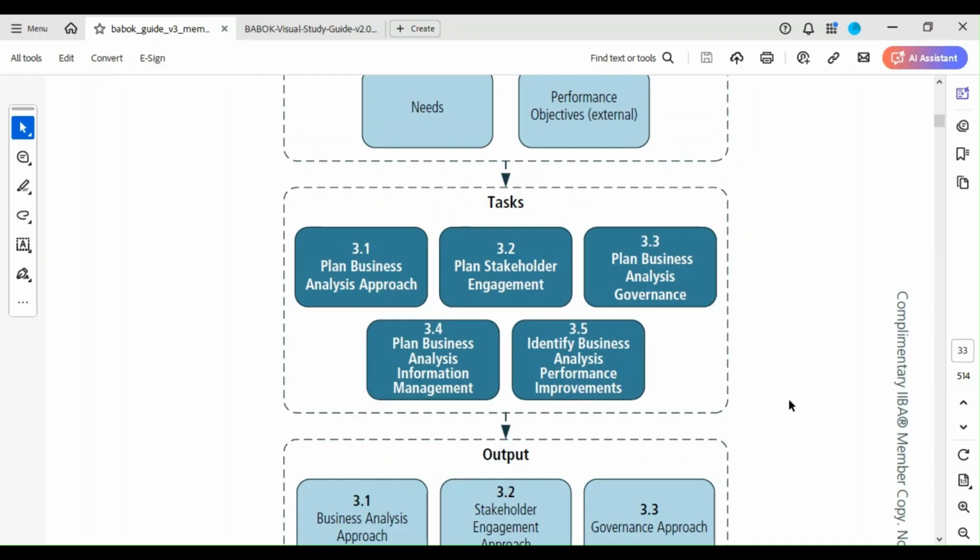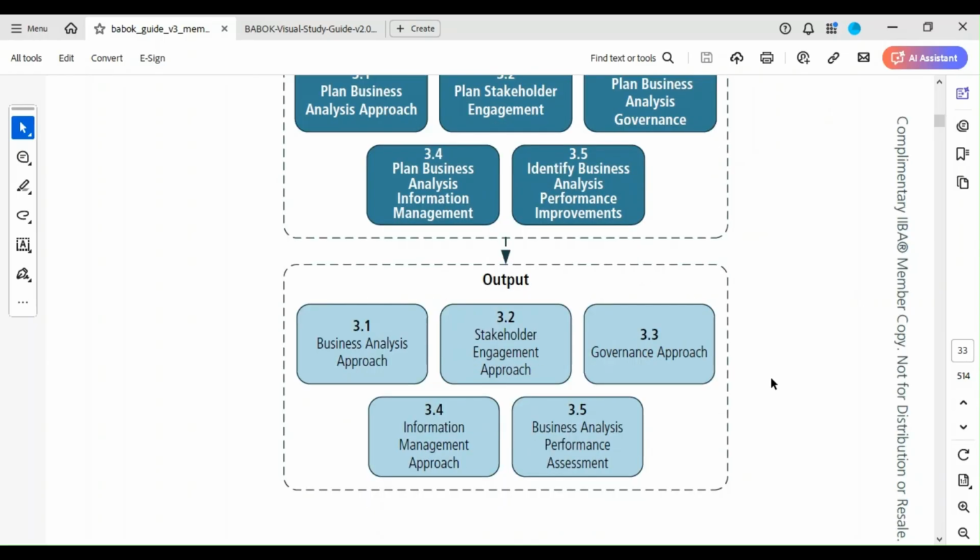Then you plan your governance, how you're going to put in control. Then you talk about your business analysis information, how you're going to manage your information. Then you talk about how you're going to control, like put a check on, performance improvement. Now, what are the outputs? When you are done with this, you are looking at getting the business analysis approach.